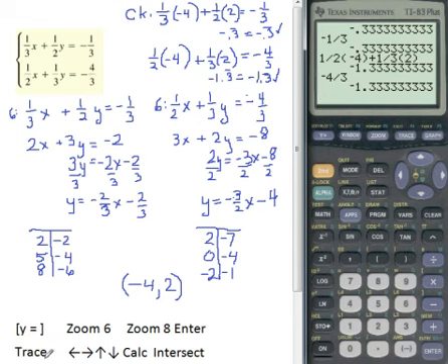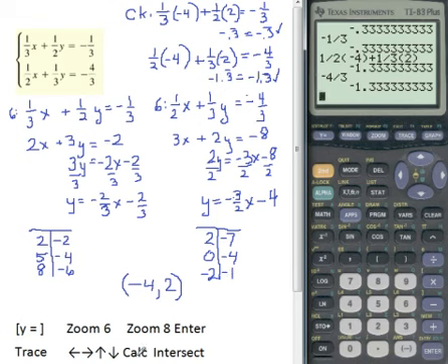And then we hit the trace key with the left and right arrows to get a set of ordered pairs for y1, the first equation. And then we used the up or down arrow to get to the second equation and did the same thing with the trace key and got a set of ordered pairs for that, for graphing.